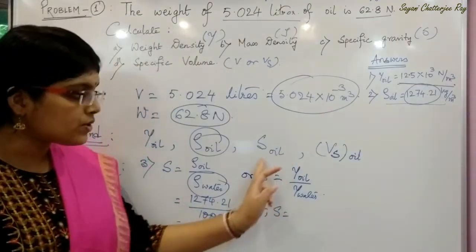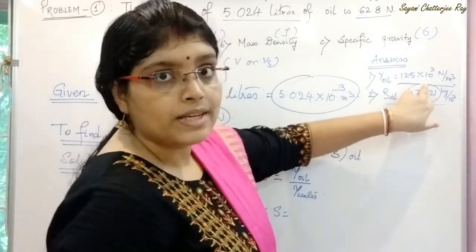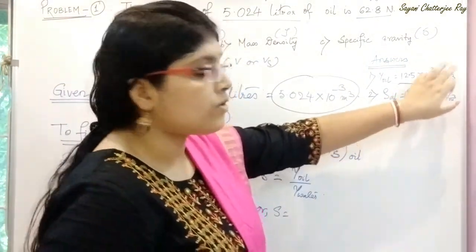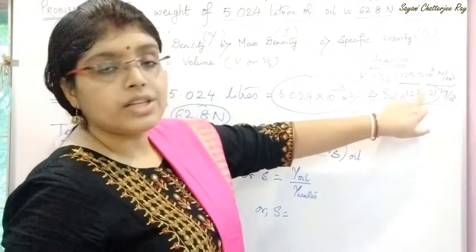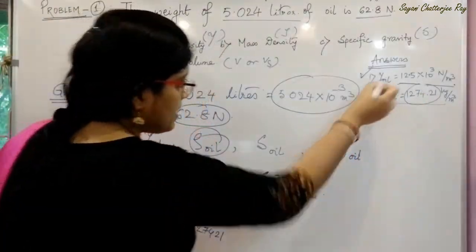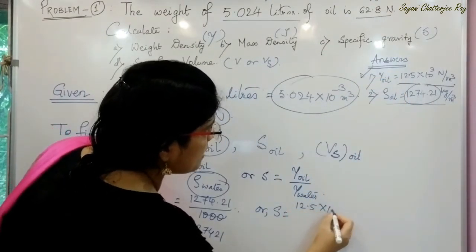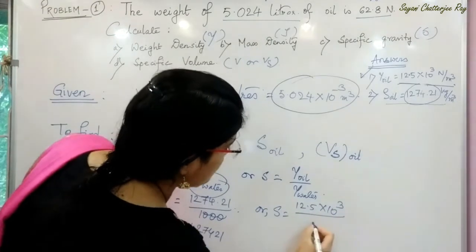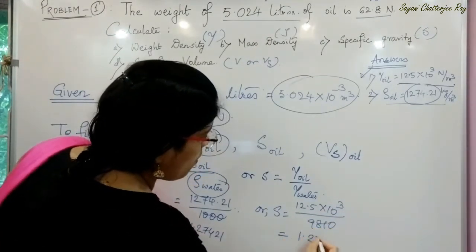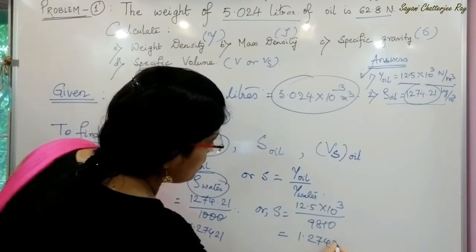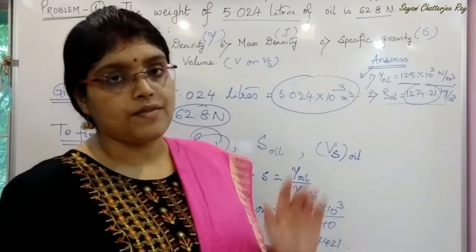If we solve by the gamma oil by gamma water formula, gamma oil we have already calculated as 12.5 into 10 to the power 3 Newton per meter cube, found in solution number 1. So replacing the value of gamma oil, 12.5 multiplied by 10 to the power 3 divided by 9810. This also comes out to be 1.27421. So we have calculated the value of specific gravity of oil.